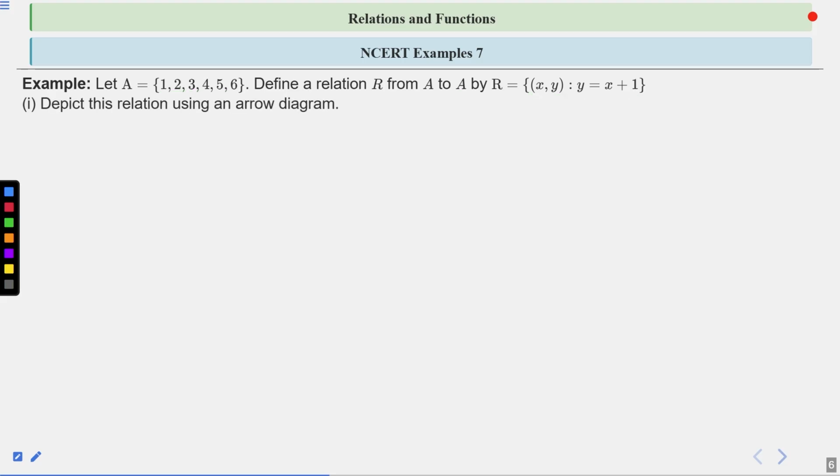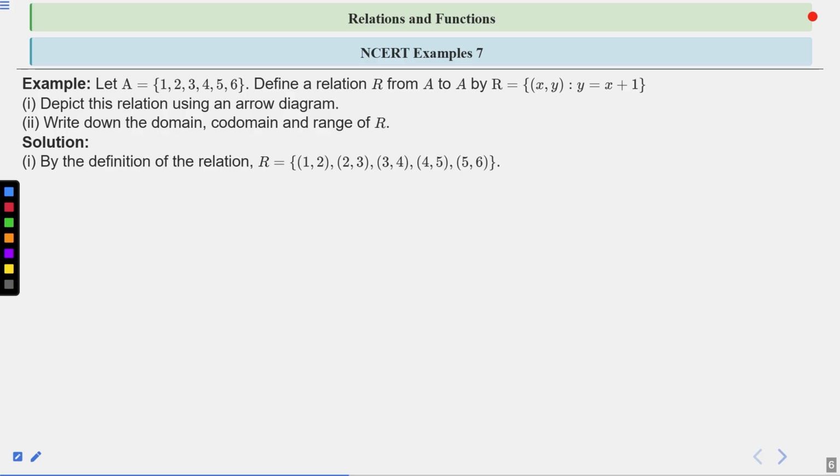Now first depict the above relation using an arrow diagram. Second, find out its domain, codomain and range. So, solution. By the definition, first of all, write your relation in roster form.